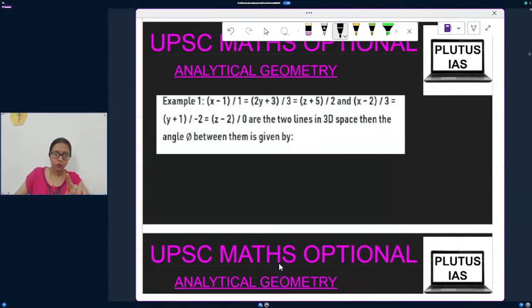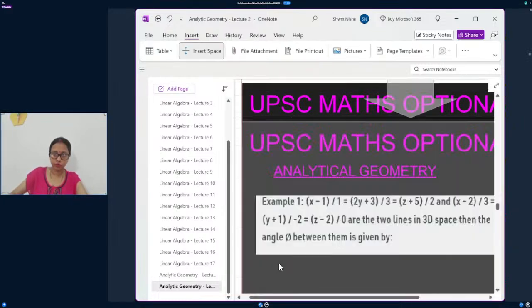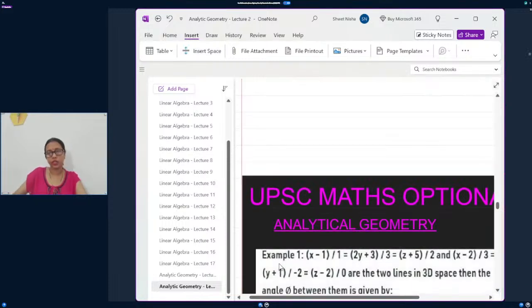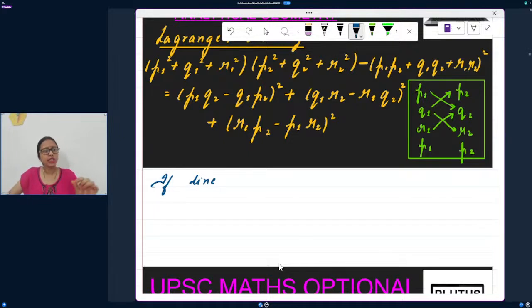Before this question, although straight line is our topic, just to attempt this question, let me tell you a small point about the straight line. What is the equation of a line in two dimensions? In class 9th, class 8th, this is taught as linear equation in two variables. 2x plus 3y is equal to 5.